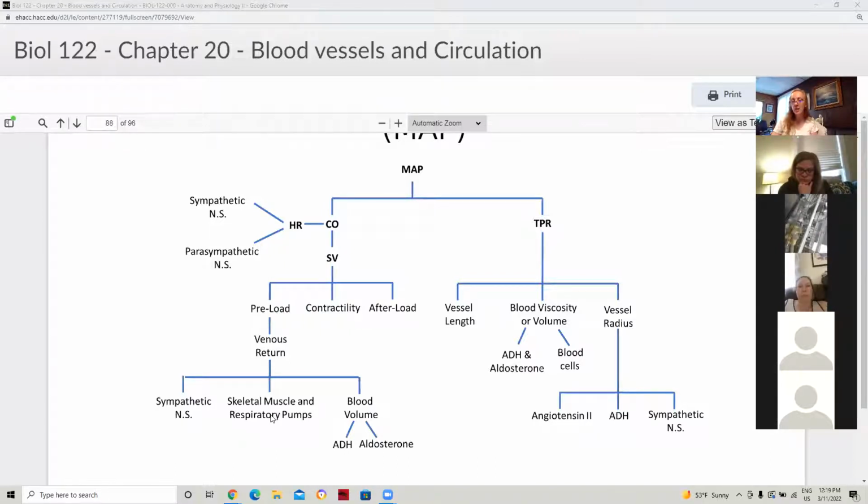As you reduce the pressure in the chest, it draws the blood to the chest, because blood is going to move from a higher pressure to a lower pressure. And blood volume, which is affected by antidiuretic hormone and aldosterone.